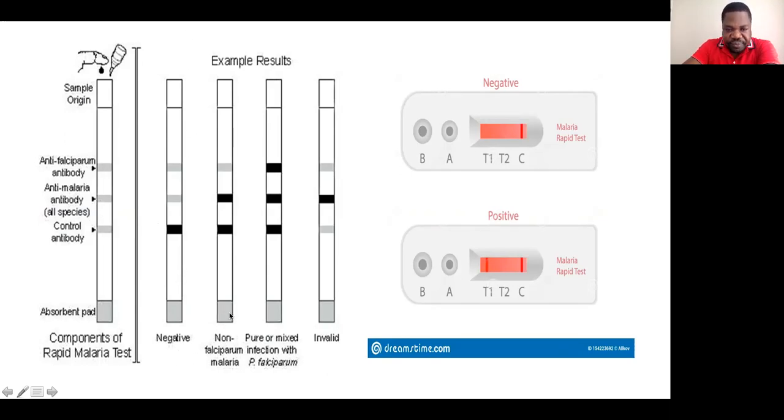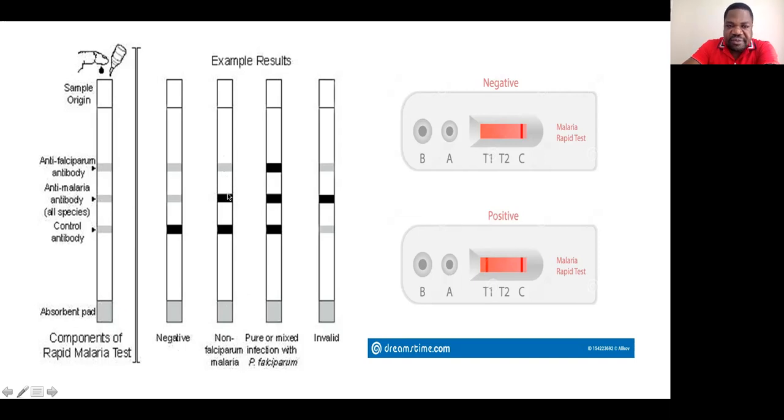But here, you check that the control is working, then you check this band here, and it's there. So it's positive, but it's not Plasmodium falciparum, it's another species of Plasmodium. For Plasmodium falciparum, you see that it's negative.